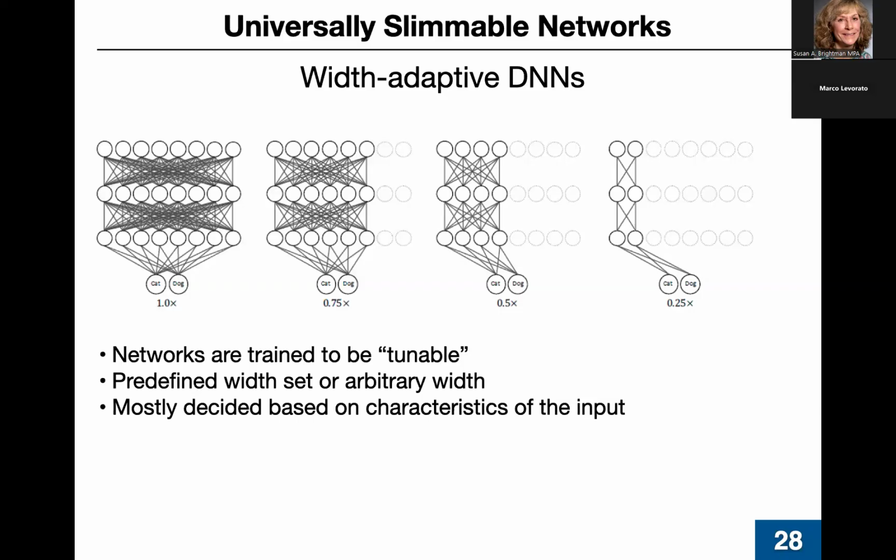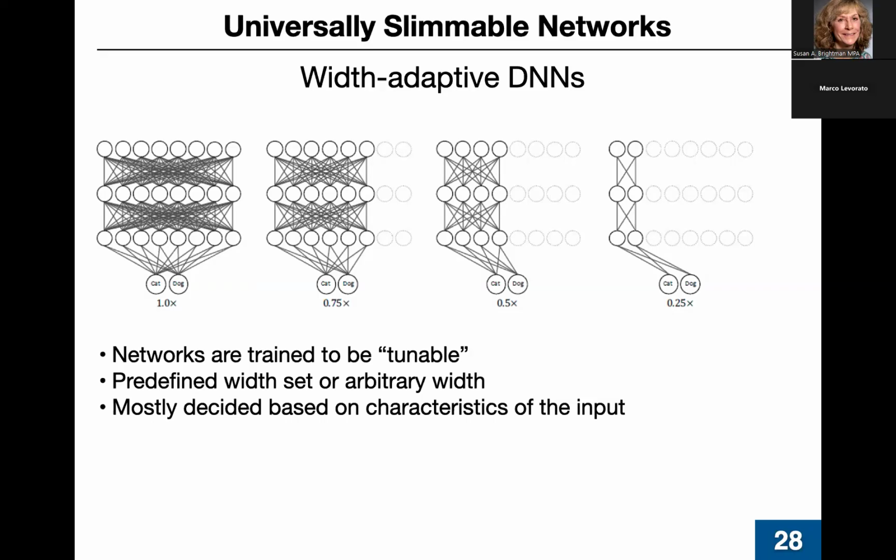I don't know if you're familiar with that, but that's a way to control the depth of a model. You attach a smaller model at some point. If the process gets caught into that smaller model, then you're fine, and you stop execution. Okay, that's one way of doing this. Multi-branch is another way. There is another way, which is called slimmable neural networks, which are models that can adapt their width, right?